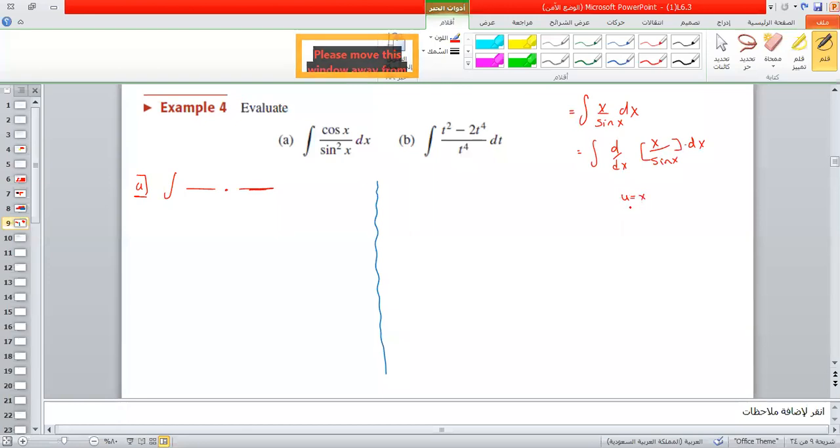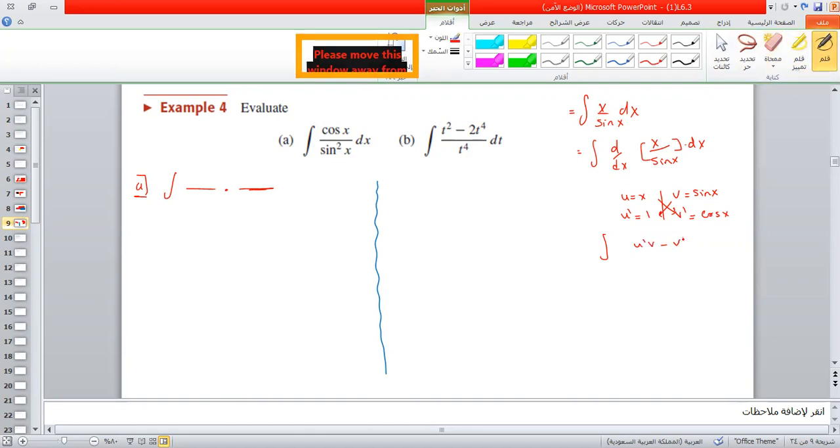u is x and u prime is 1, and v is sine x and v prime is cosine x. Here, the integral of x cosine x minus sine x over sine squared x: u prime v minus v prime u over v squared.